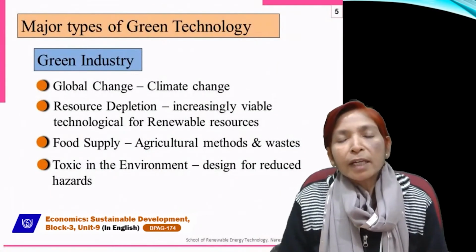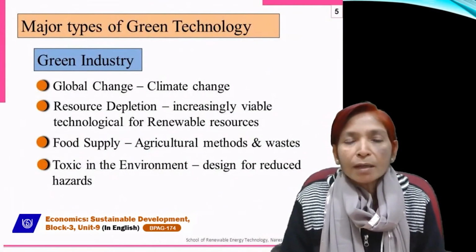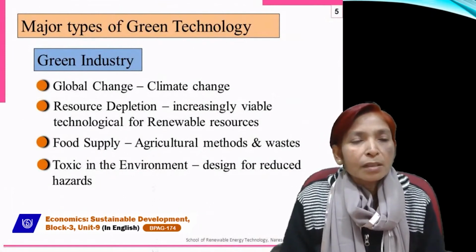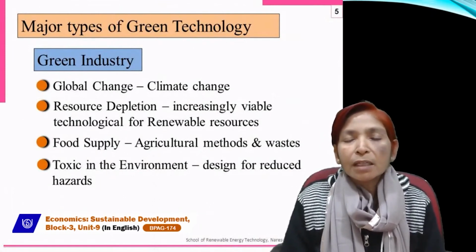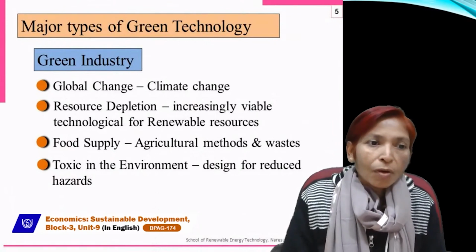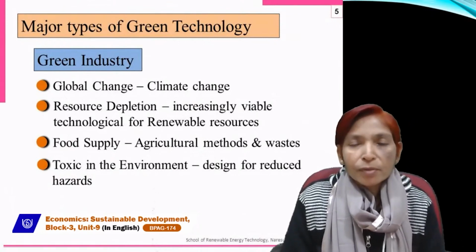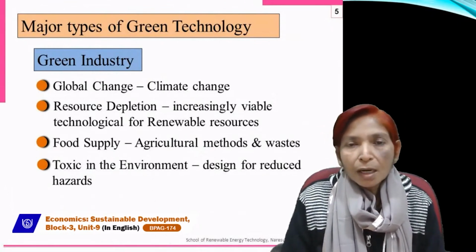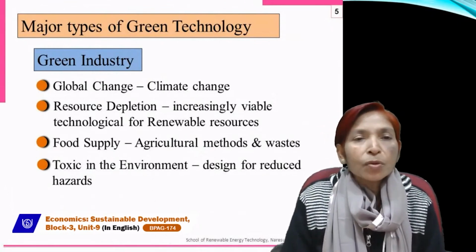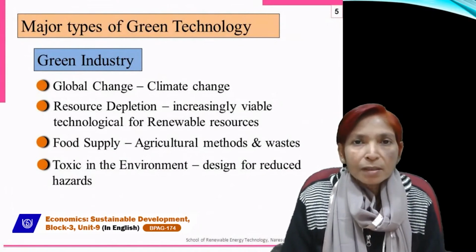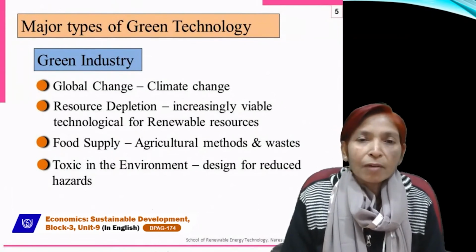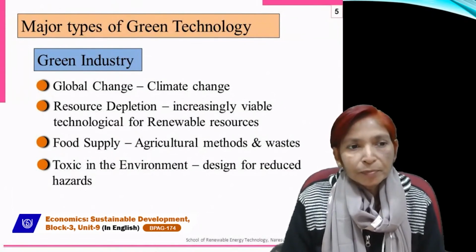Major types of green technologies. What are the major types or the major different forms of green technology? Number one is green industry. How can industry be made green? How can industry produce goods and services by using that type of technology which is not harming the environment and which is environment friendly?